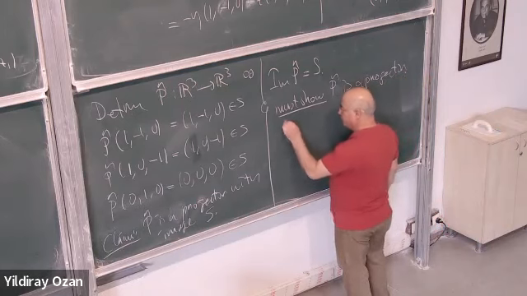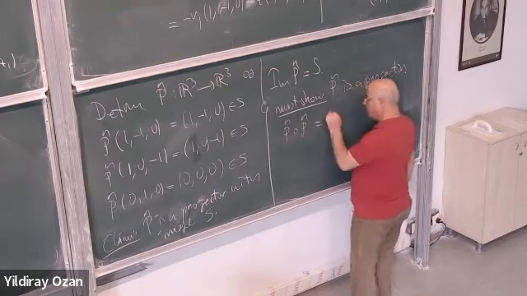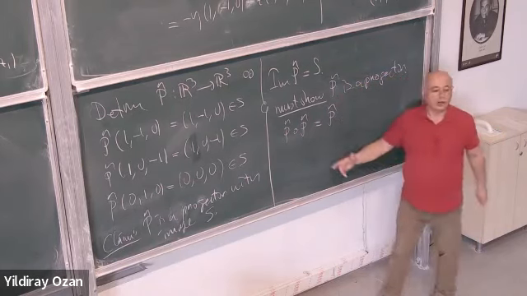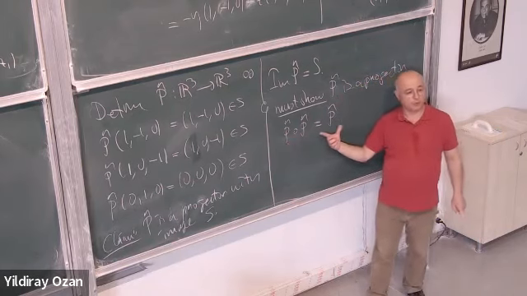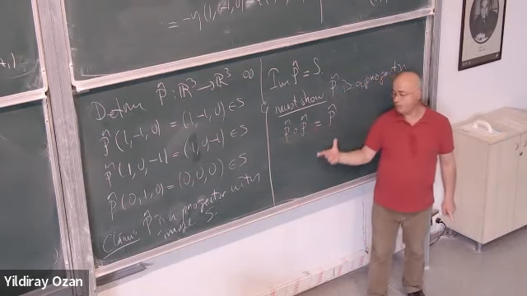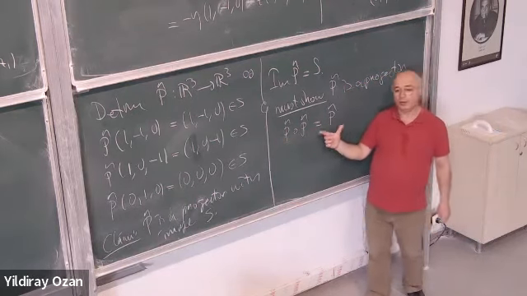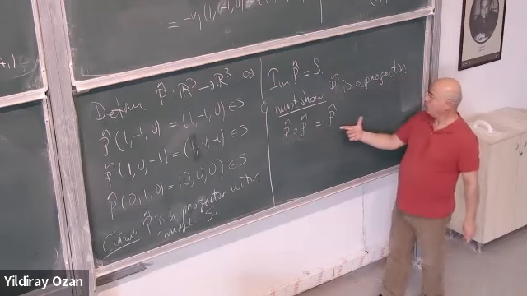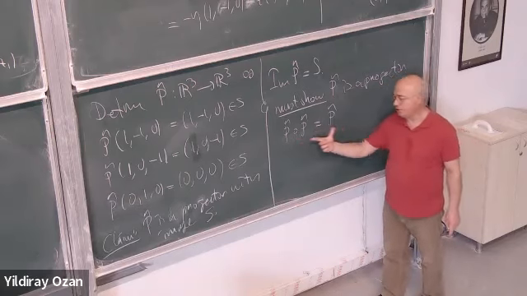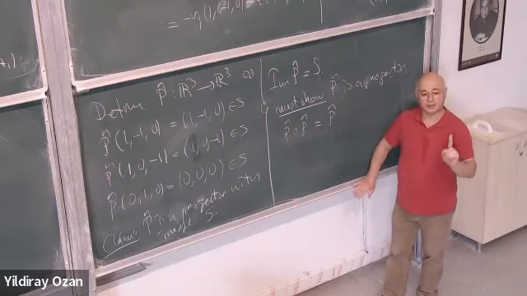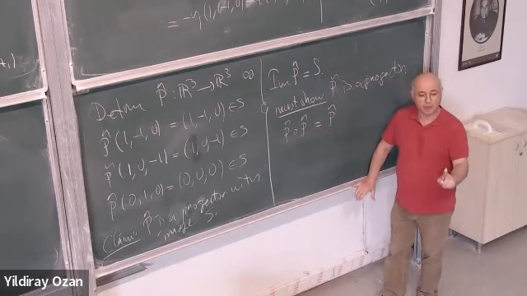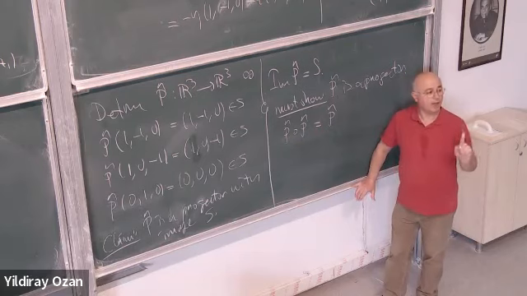So we must do this, right? This is a linear map. This is also a linear map, right? Composition of two linear maps is a linear map, and this is a linear map. To check that these two linear maps are the same, it is enough to check this on basis elements because any linear map is uniquely determined by its images on a basis.